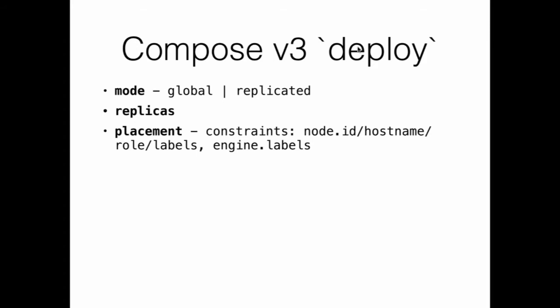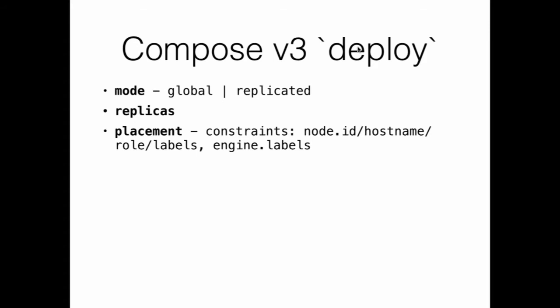For example, you have nodes that have more RAM or better CPU, you can select specific services to run on these nodes, like an Elasticsearch service.